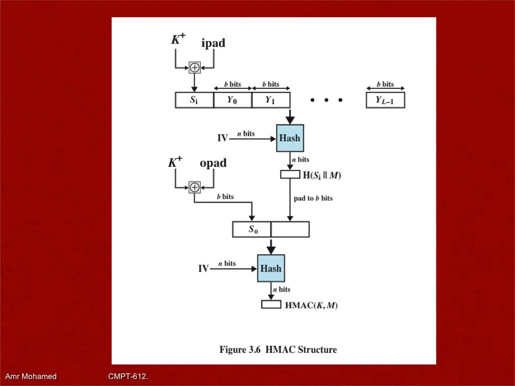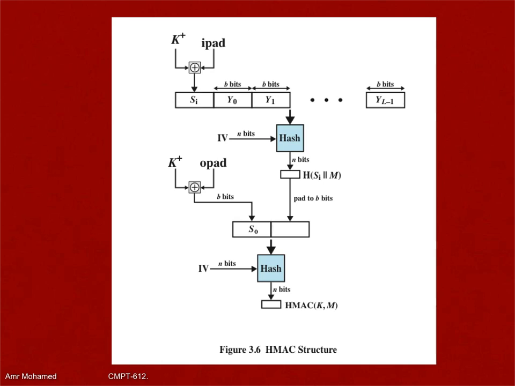So this equation makes it easy to analyze. You can think of HMAC as adding the secret key and doing the hashing. Okay, not that simple, unfortunately. It does that in two steps.